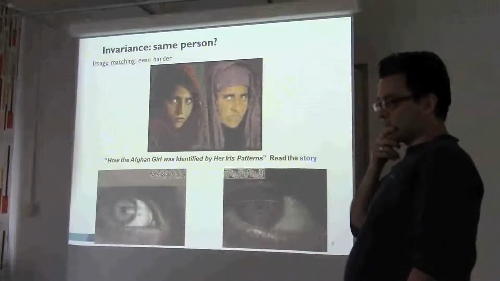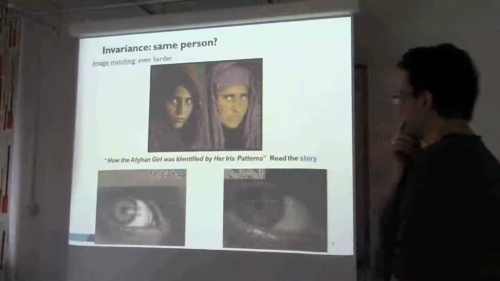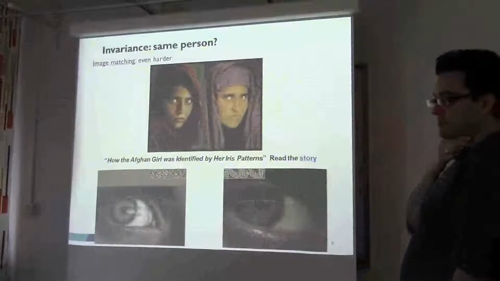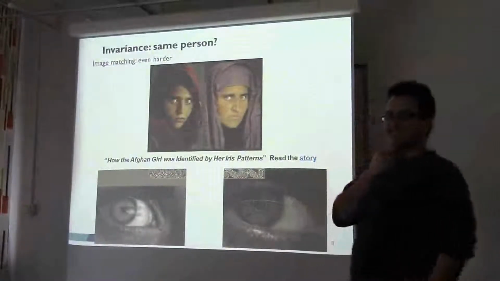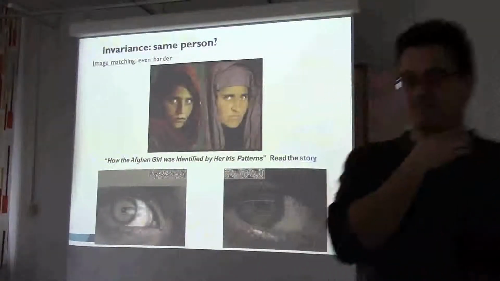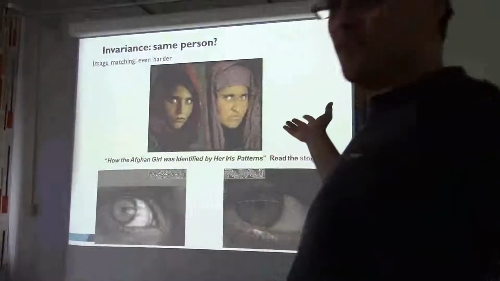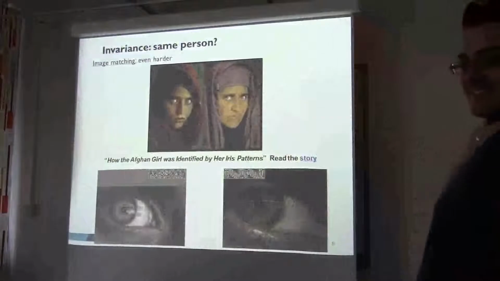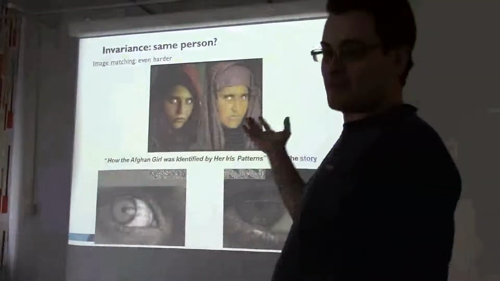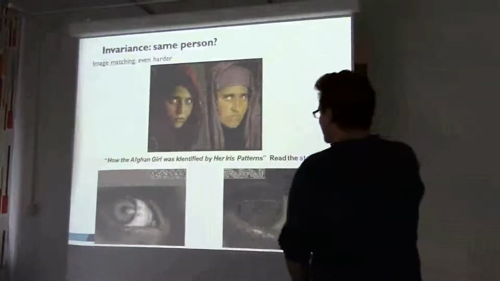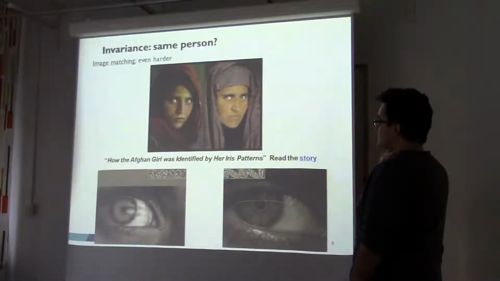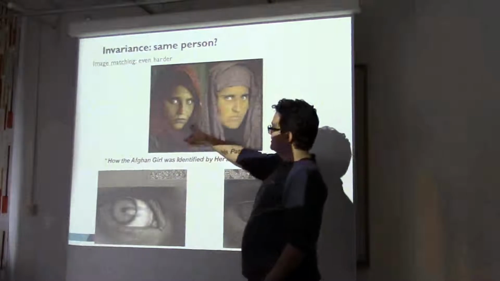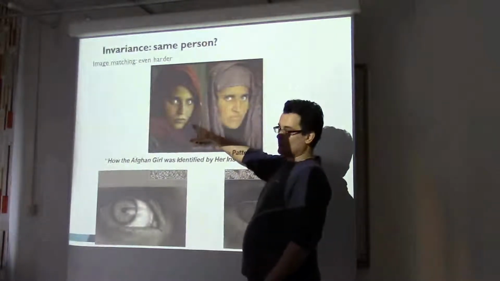Have you heard about this case that appeared in National Geographic some years ago? And you probably know John Daugman. Do you know him? Not by papers, in person. He's a very famous guy doing iris recognition. This is a famous photo of National Geographic that appeared in the 80s, I think, on the cover.